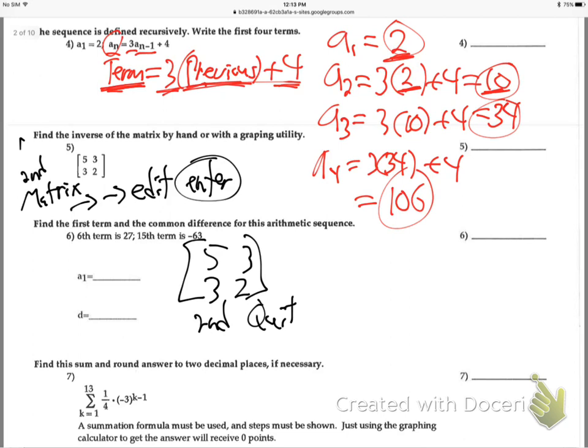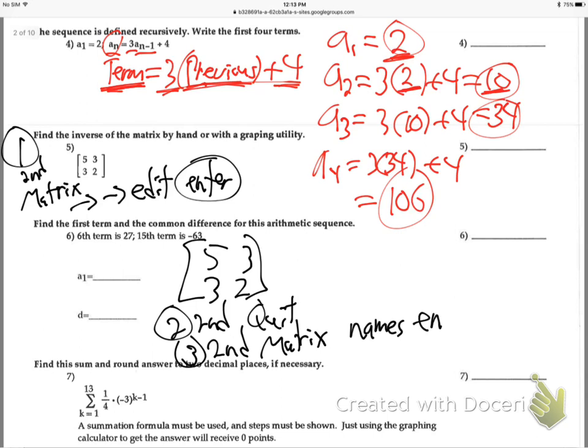So step 1, do that. Step 2, second, quit, then hit second, matrix, and you're on names. Under the names menu, just hit enter, and then matrix A will pop on the main screen.